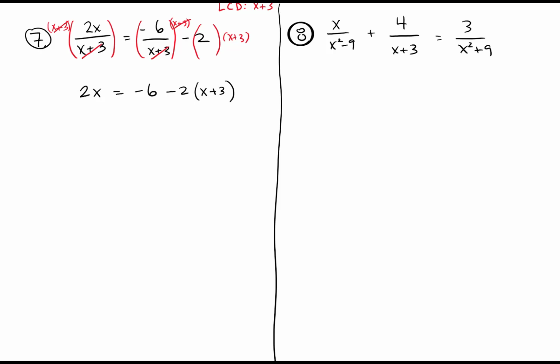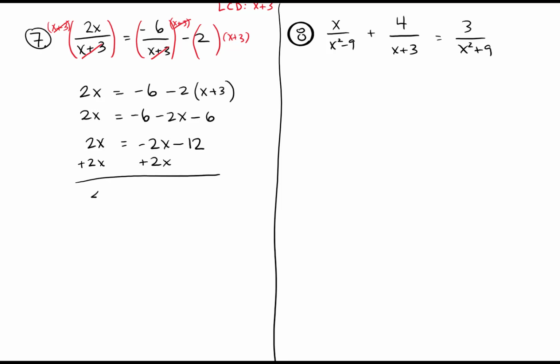I'm just going to do it one more time so you can follow along easily. I'm going to get 2x is equal to -6 minus 2x minus 6. Now combining like terms, because those are on the same side of the equation, that's -2x minus 12. And I'm going to add 2x to both sides because I want to move this variable away from the 12.